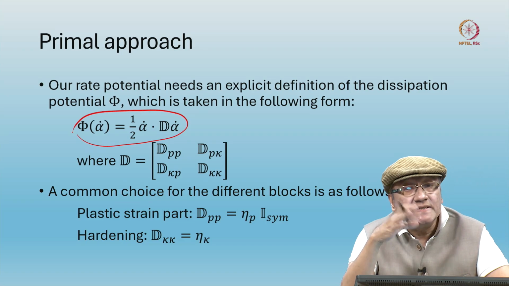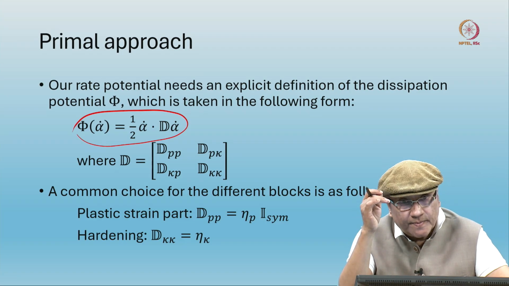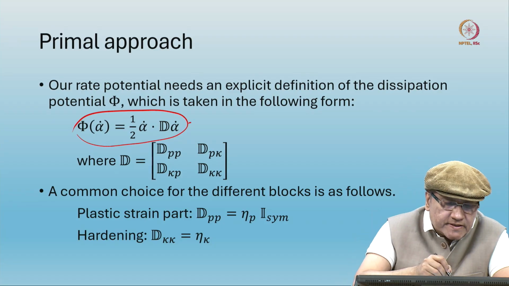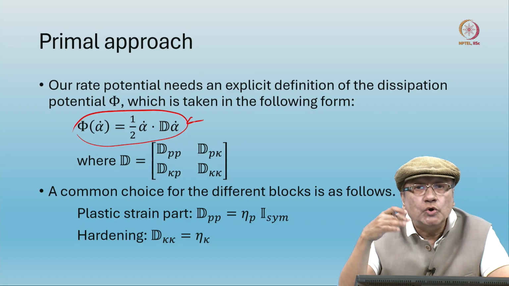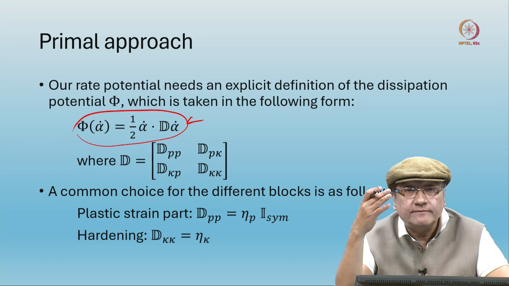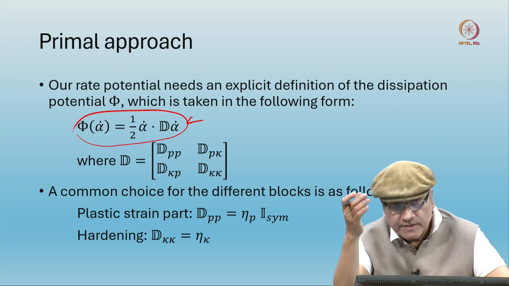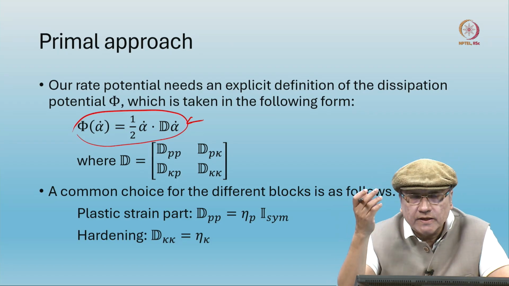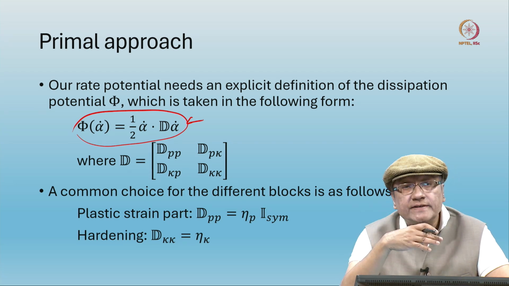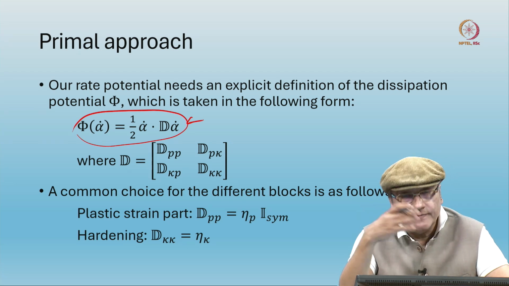This is not Perzyna-type viscoplasticity, remember, because if I take it in this form, then there is no strictly plastic flow without viscosity. There is no notion of yield surface, because viscosity comes right from the beginning as alpha starts evolving.